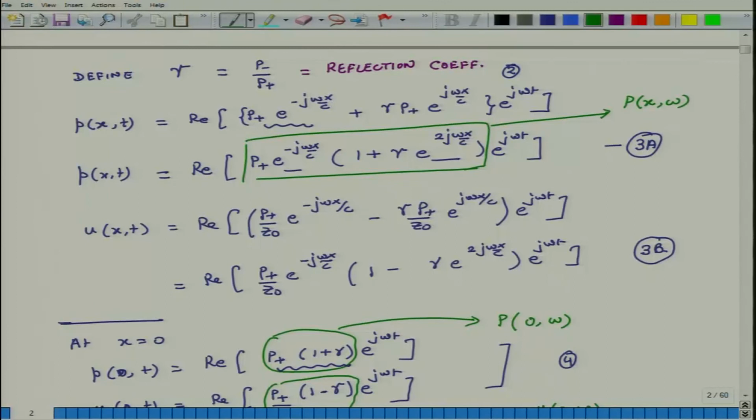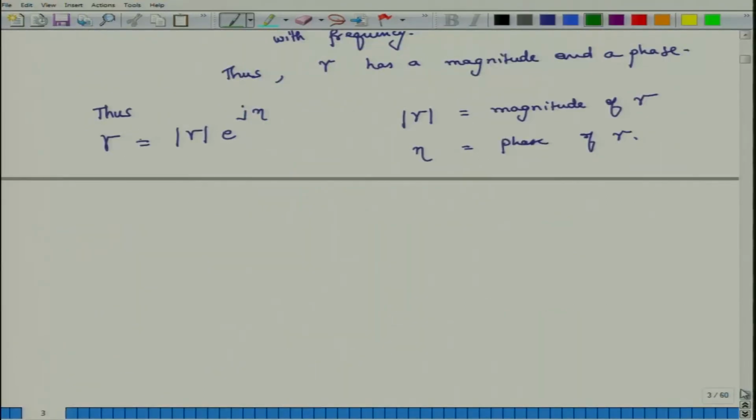So, we will write that expression: P, the complex amplitude of pressure in the tube, is equal to P plus e to the minus j omega x over c, times 1 plus gamma e to the 2 j omega x over c.